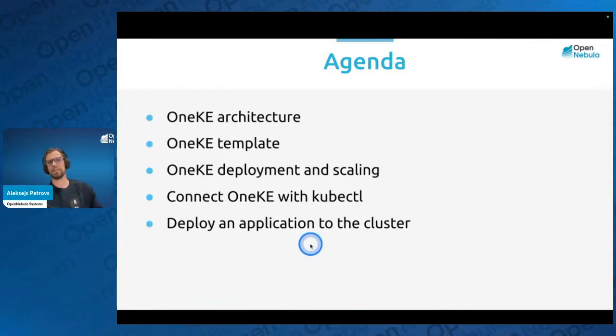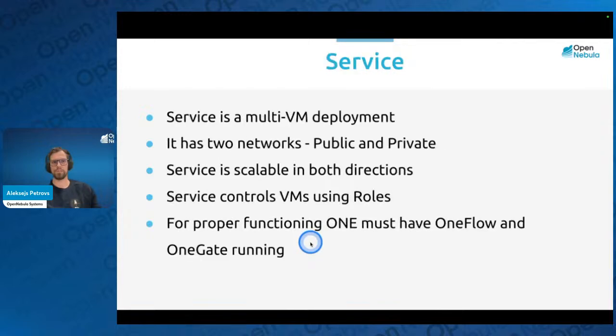And after that, I'm going to deploy an application to that OneKE cluster. So yeah, it should not be that hard. And in the end of the day, we are going to have some kind of application up and running.